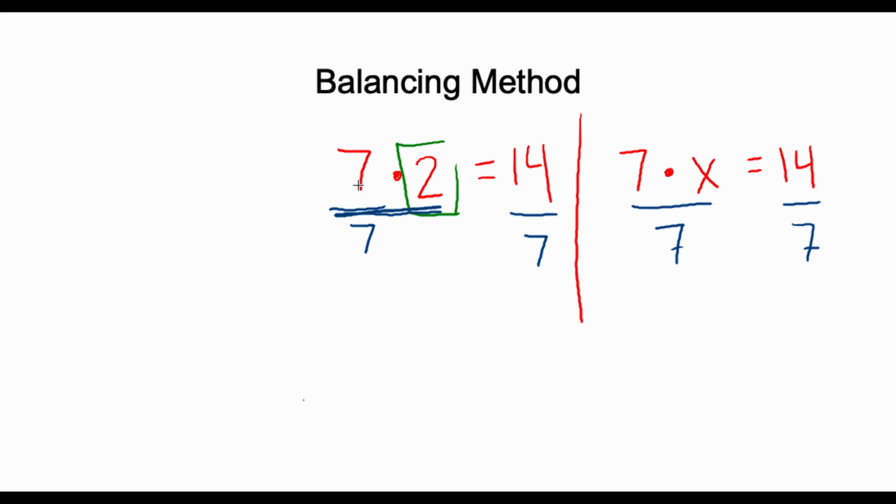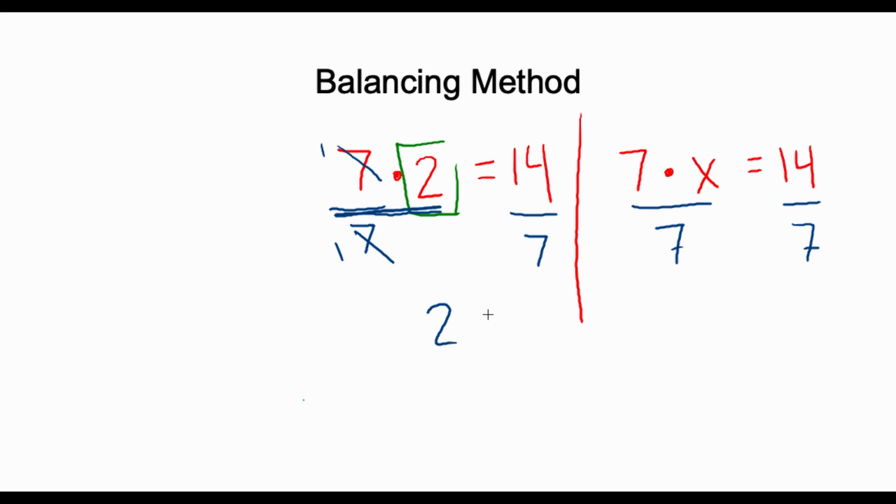Now, what's going to happen here? You could do it two ways. You can multiply the 7 by 2, getting 14, and then divide it by 7, getting back the 2. Or simply you can cross out the 7 that multiplies with the 7 that divides, because 7 divided by 7 is 1 whole, and 1 times 2 is simply 2.